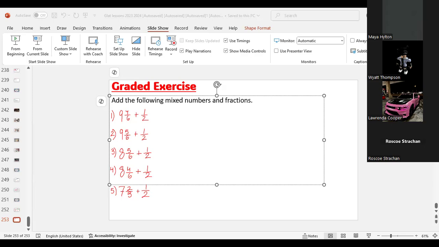Okay, finish now. All right, take a picture of your work and send it to me via WhatsApp.